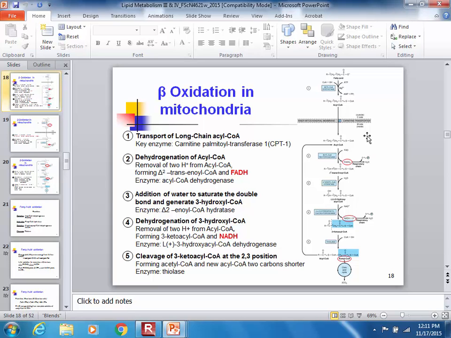If cells do not have enough glucose for energy, they have to use more fatty acids. That stimulates fatty acid mobilization and increases circulating fatty acid levels, and fatty acids are picked up by the liver and oxidized to produce a lot of acetyl-CoA, which promotes ketogenesis in the liver.